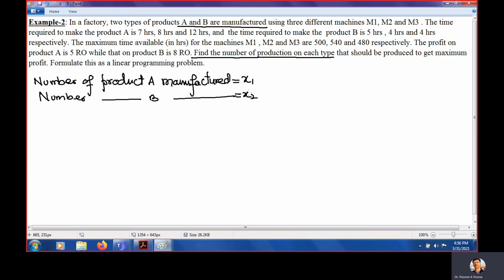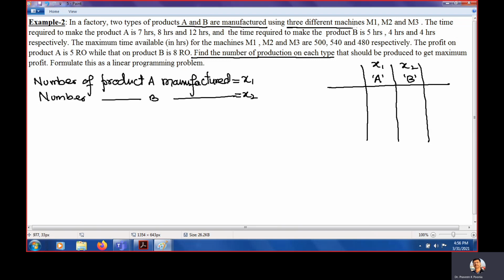This is clear. So let us make the table. Okay, so this is A type of product and the quantity is x1. This is B type of product and the quantity is x2. Let's start another line. These products are manufactured on three machines M1, M2, M3.